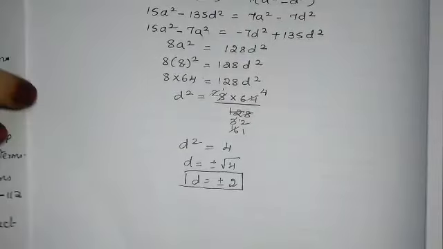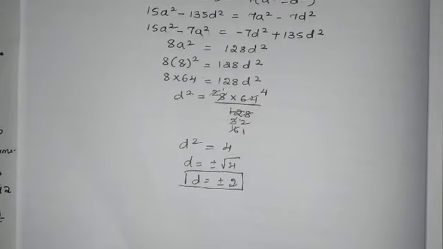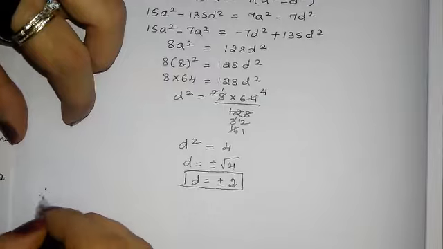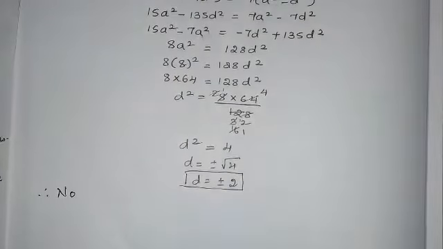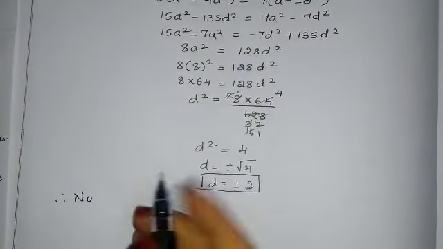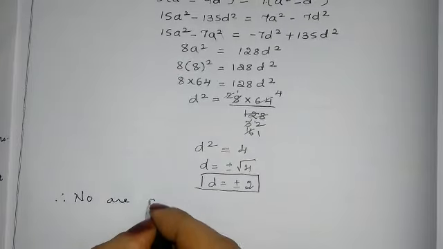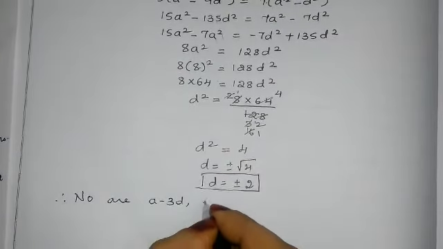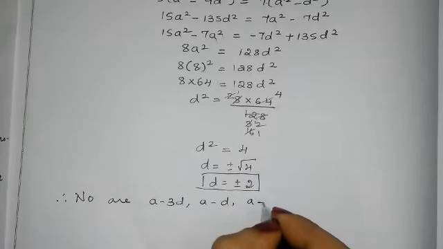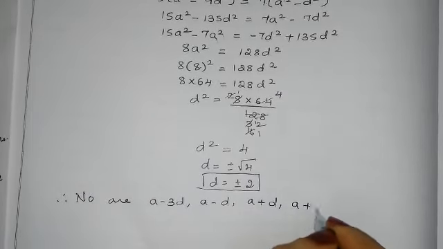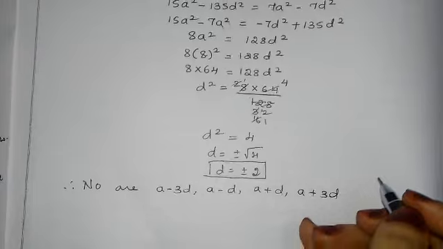So they have told find the numbers. The question is find the numbers. Therefore the numbers are, we know that A minus 3D we have taken, A minus D, A plus D, A plus 3D. Let us substitute A and D values.